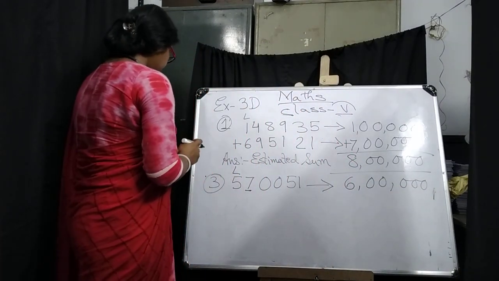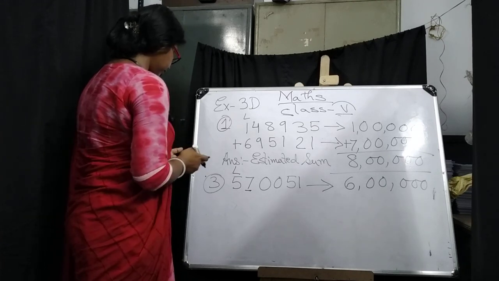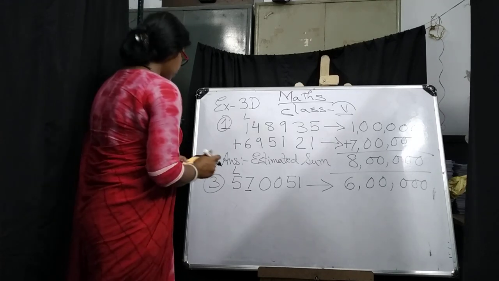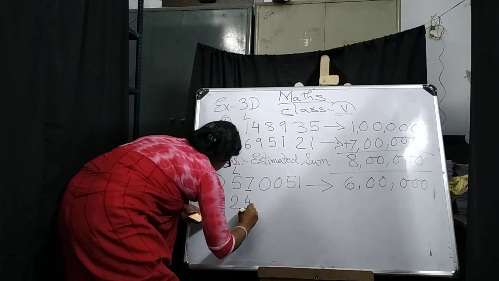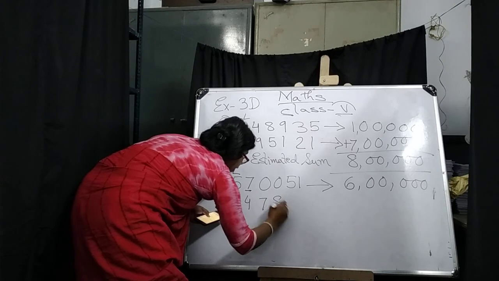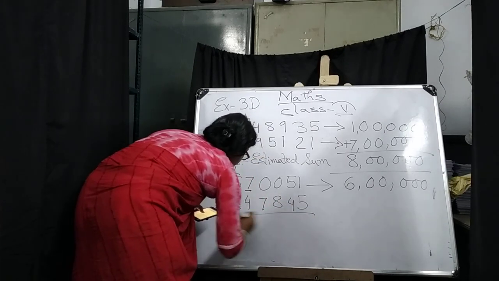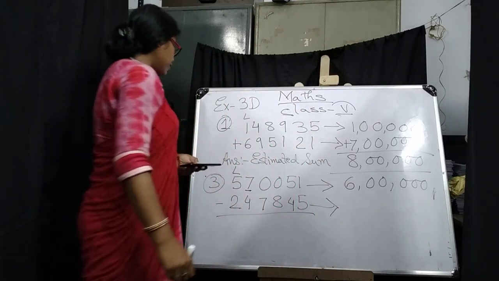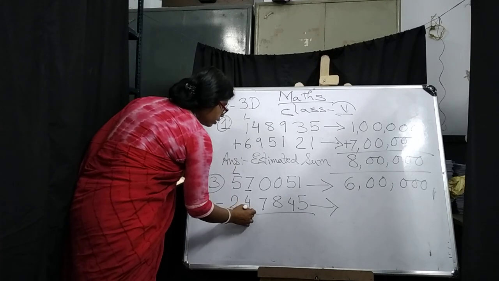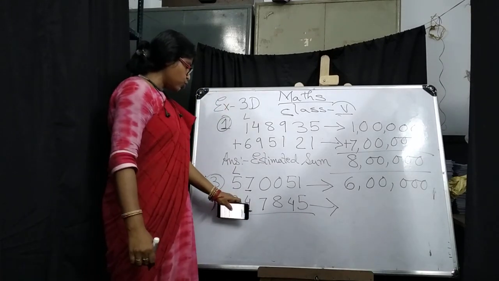Now the next number is 2,47,845. To the nearest lakhs, we will place a sign over here. This is from 1 to 4.